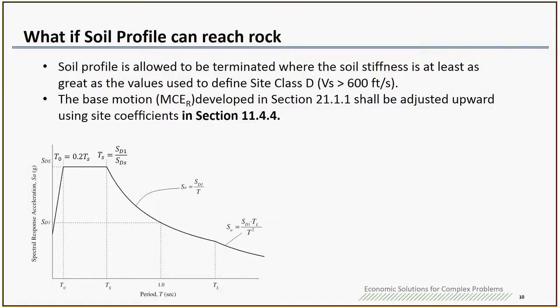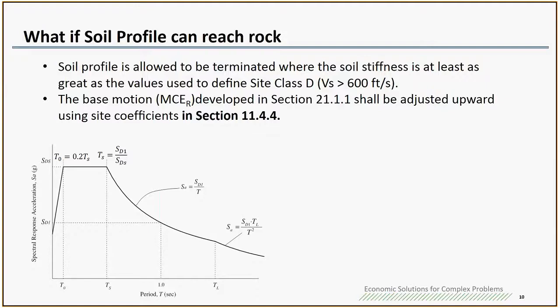In the code, it says there could be a situation where you cannot drill a hole to reach the rock. The code then allows you to terminate the soil profile at the values used to define site class D, basically at the location where the Vs is greater than 600 feet per second.